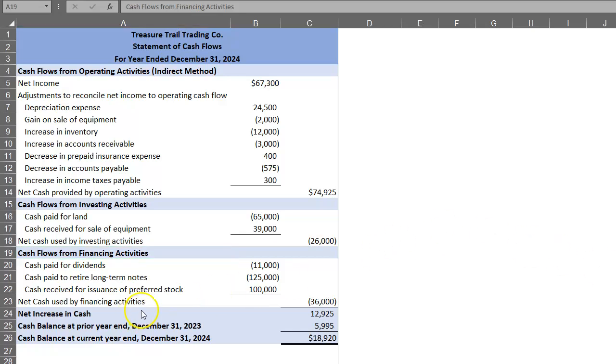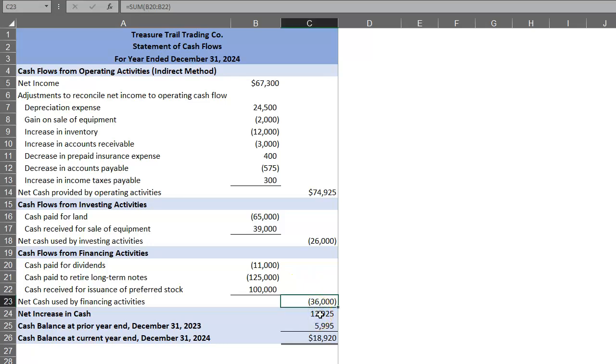So the next couple cells have some examples of cash paid and received for those financing activities. And then if we move to cell C23, we have a negative number again, negative $36,000, and this is the net cash used by financing activities. So this tells us that the company had a net cash outflow of $36,000 from financing activities.